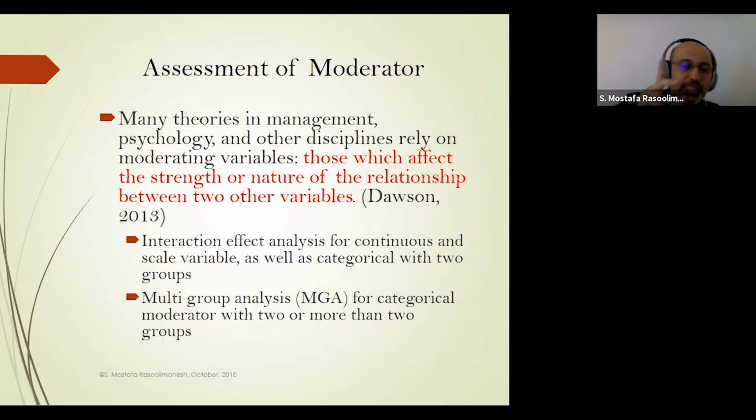So this is another criterion to distinguish between these two methods of moderator assessment. Later, when we go through these two methods, this will be clearer.